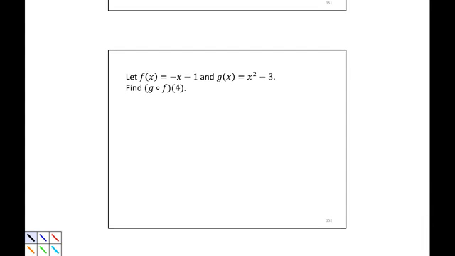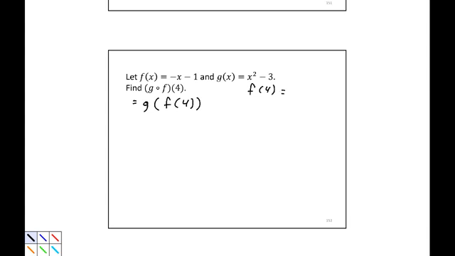Let f of x equal negative x minus 1, and g of x equal x squared minus 3. Find g of f. Notice the order changed here. g of f of 4. So this, by definition, is g of f of 4. Now let's find f of 4. The order that these are written determines the order that we plug things in, or evaluate.